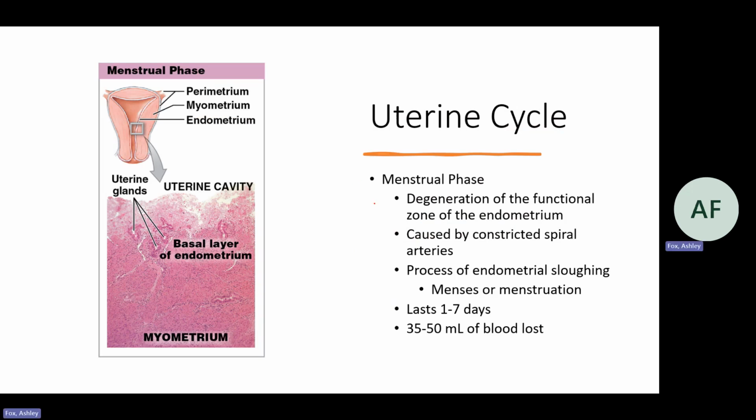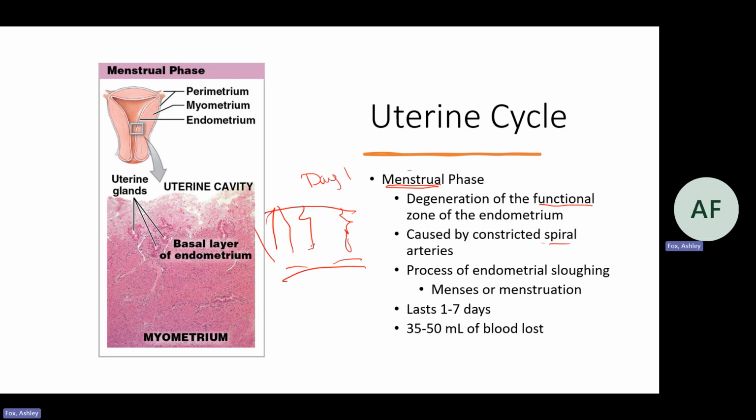So day one of the uterine cycle is actually menstruation. The first day of menstruation is day one of the uterine cycle. That's when, again, the functional zone is degenerating and lost. What happens is we constrict those spiral arteries. So we had the straight arteries in the basal layer, and then the spiral arteries in the functional layer.